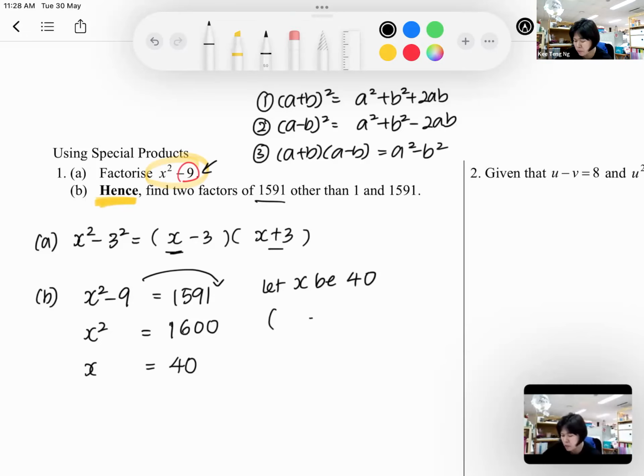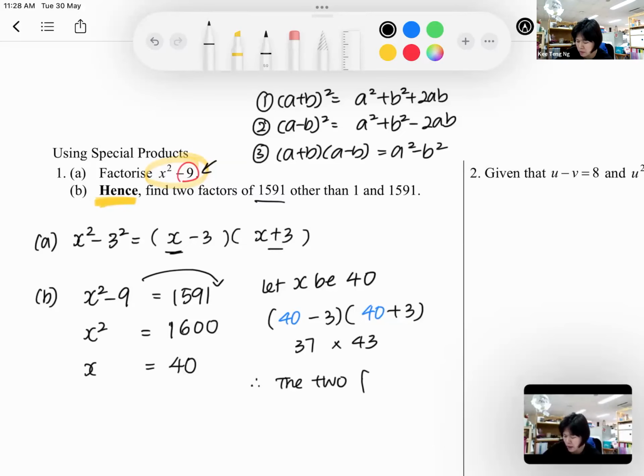My first one was something minus 3, something plus 3. So x is now 40. Then 40 minus 3 will be 37, followed by 43. They want the 2 factors, therefore the 2 factors are 37 and 43.